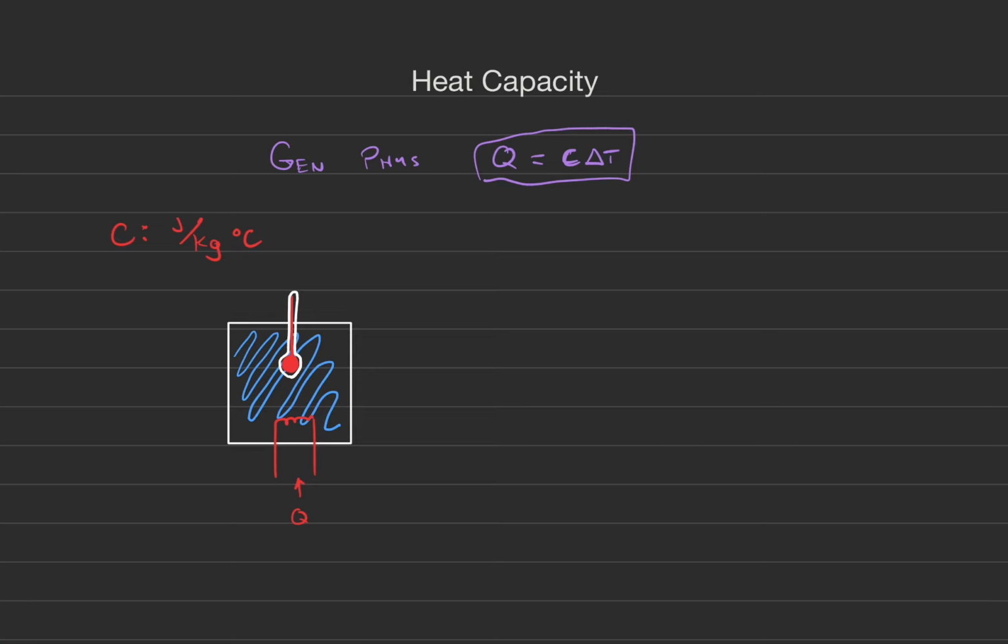So again, we said the heat capacity of the fluid is the amount of energy it takes to raise the temperature by a single degree. So in this case, we have a specific example where the fluid is restricted to a constant volume.